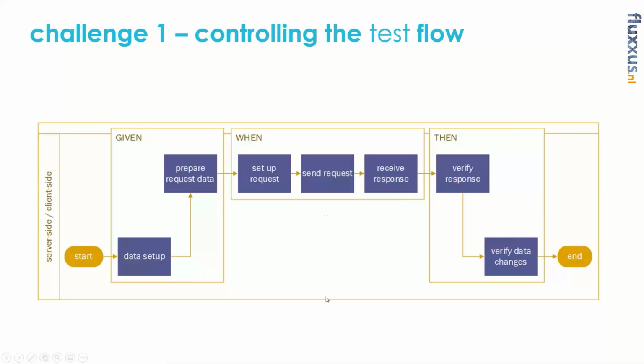Sending that request, of course, triggers a real server-side part that is going to process that request. The given part is data setup, either setting up a record that is going to be referenced or called upon through your request, and we need to set up some data for our client-side call.